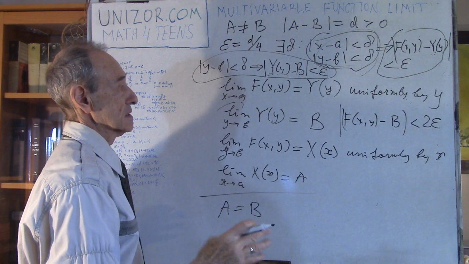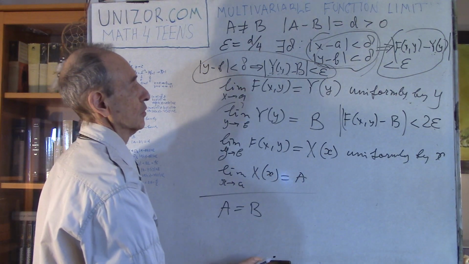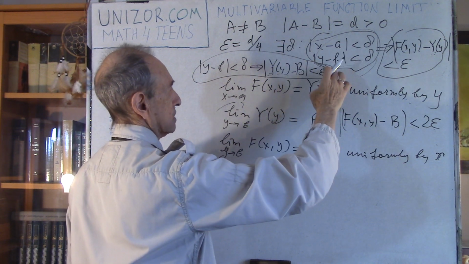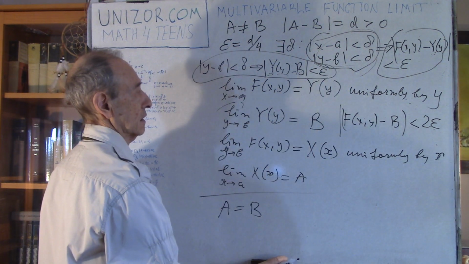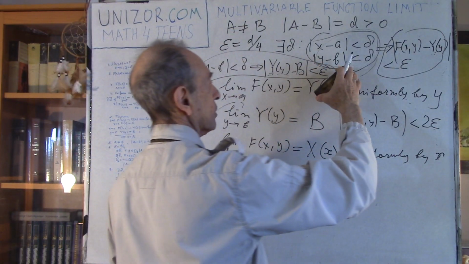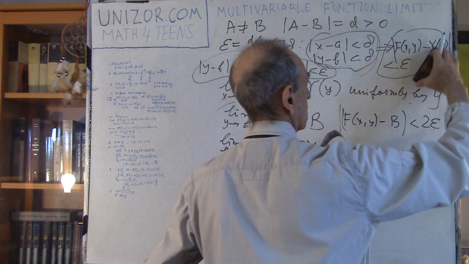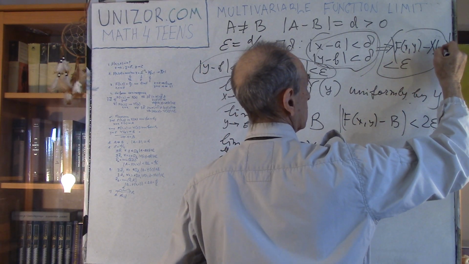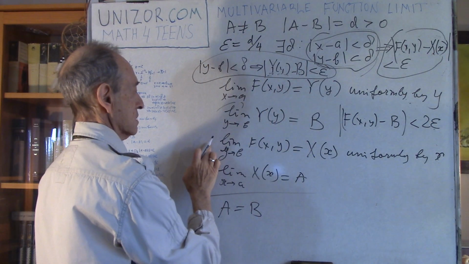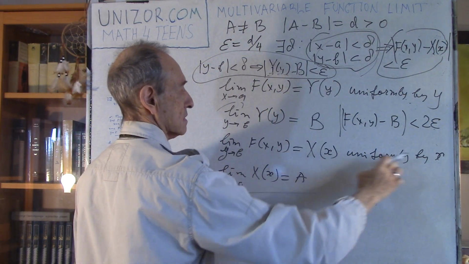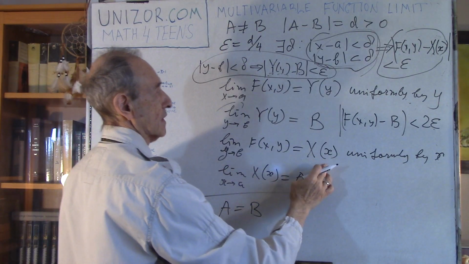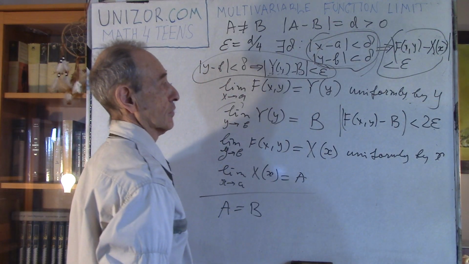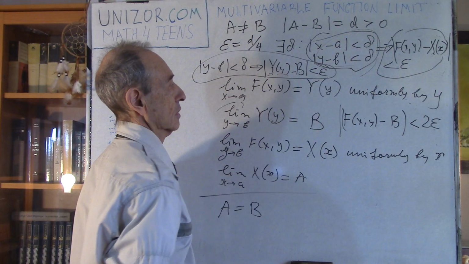Now, let's do exactly the same, but start from the x. What do we have? Again, we choose the same epsilon. There is such a delta that if x and y are within a certain small neighborhood of the limit point, f at b would satisfy an inequality which I'm looking for from this. Since it's uniform, the difference between them would be less than epsilon, regardless of x, for any x within this particular neighborhood.